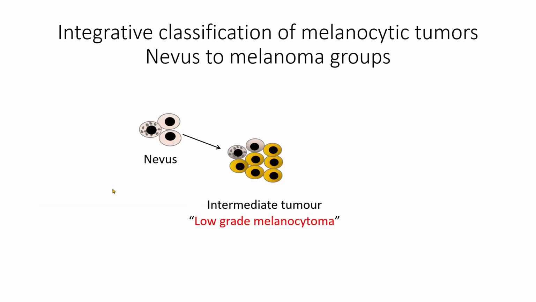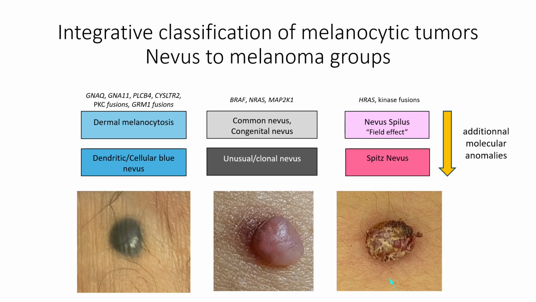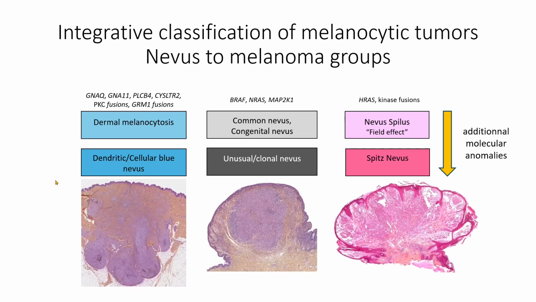And then only a subgroup of these can progress to the intermediate tumors. And this needs, I think, additional molecular anomalies to become a Spitz nevus or dendritic cellular blue nevus. And these also have specific morphologic features described in the WHO.